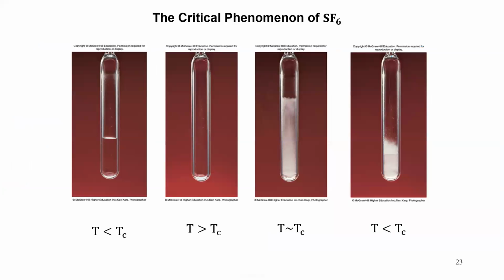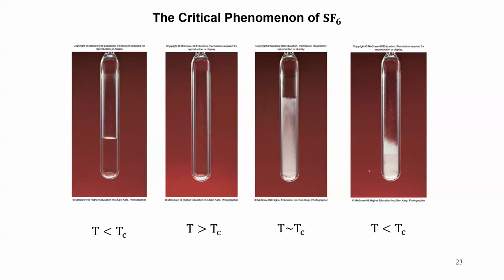Here is the critical temperature phenomenon for sulfur hexafluoride. Here we've got our liquid sulfur hexafluoride. Here it's as a gas. Here is in that stage where it's really a combination of liquid and gas. You can't make it a liquid, but it's such a high temperature that it wants to be a gas.